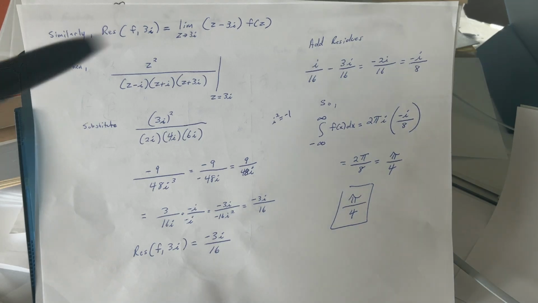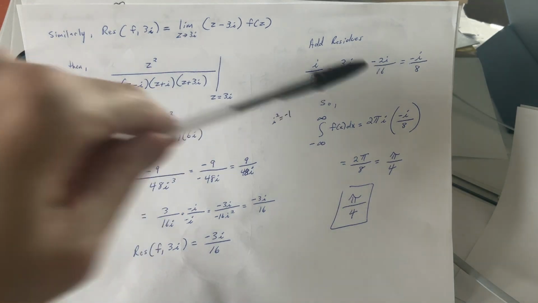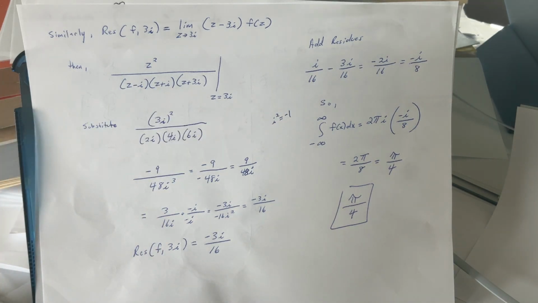So again, we want to add those two residues together, i over 16 plus negative 3i over 16. We get negative i over 8. And then remembering i squared is negative 1, the integral from negative infinity to infinity of f(x) dx is just 2 pi i times the sum of the residues. And that reduces to pi over 4. That's all for number 13.